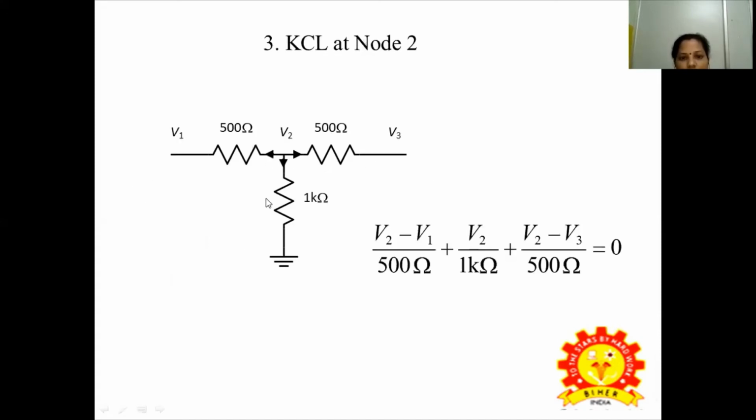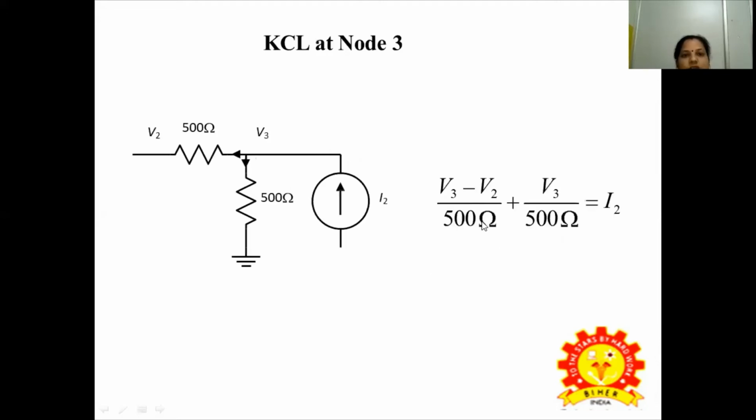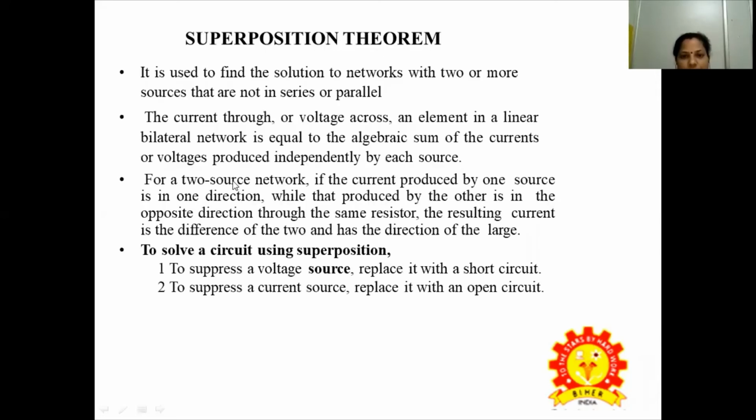KCL at node 2: (V1 minus V2) divided by 500 plus V2 divided by 1 kilo ohm plus (V2 minus V3) divided by 500 ohms, which is equal to 0. KCL at node 3: (V3 minus V2) divided by 500 ohms plus V3 divided by 500 ohms, which is equal to I2.